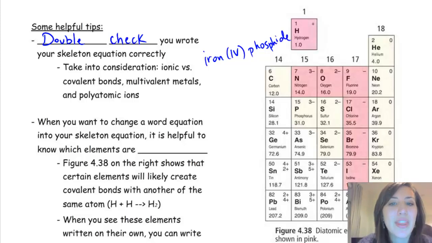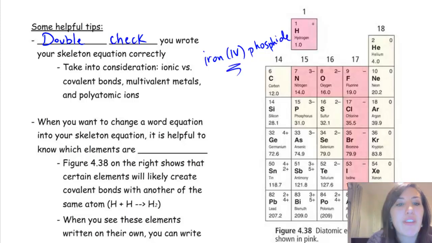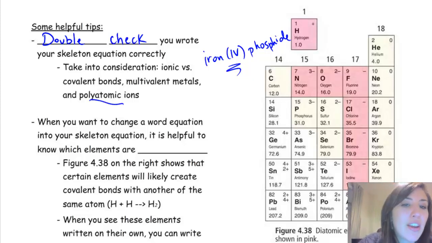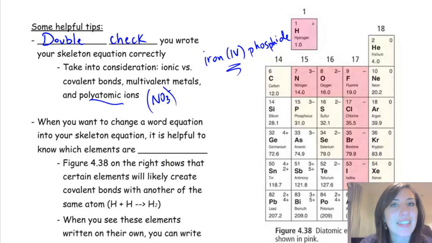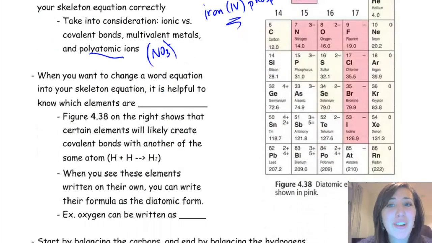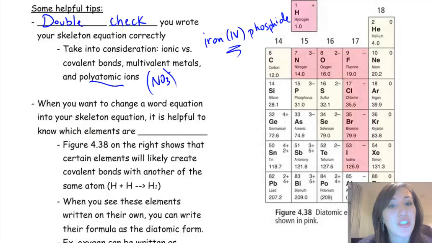So what do you do with that? Make sure that you write it correctly. What about if you have polyatomic ions? When you have NO3 minus, you're going to have to deal with brackets in this case and balancing with brackets, which we'll get to in a couple of days once we get more comfortable. But it's very important that you write that first equation correctly.